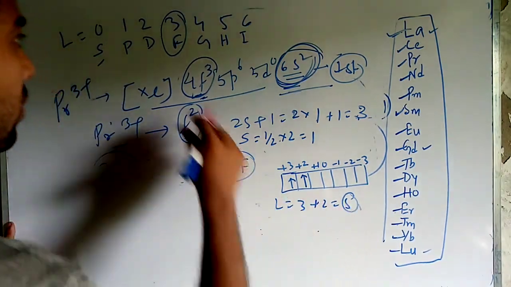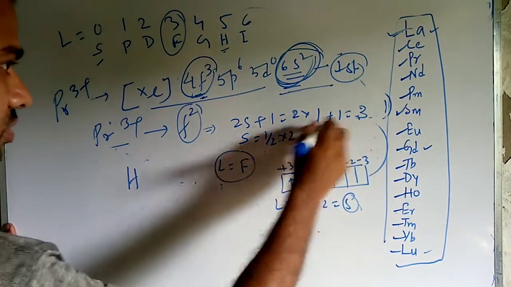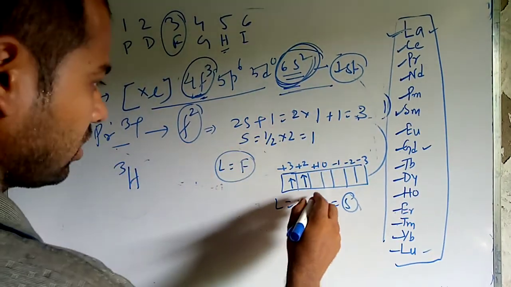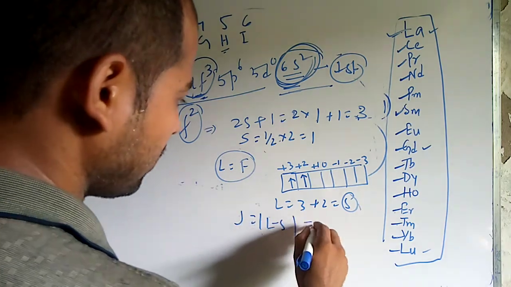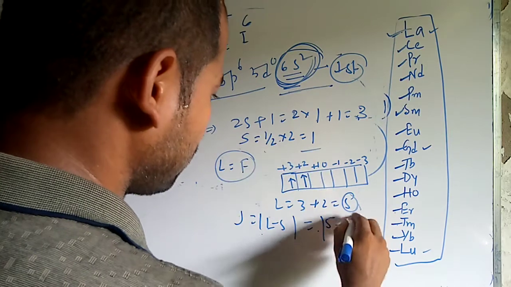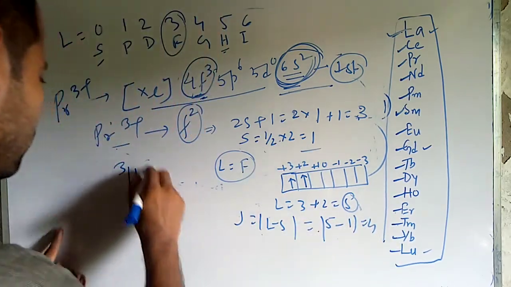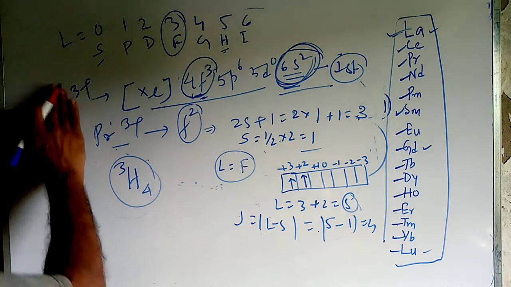L equal to 5 is H, responsible for the ground state, and the spin multiplicity is 3. Then J equal to L minus S, with L equal to 5 and S equal to 1, is 4. So the ground state term symbol for praseodymium 3 plus is 3H4. Next we go to neodymium 3 plus.